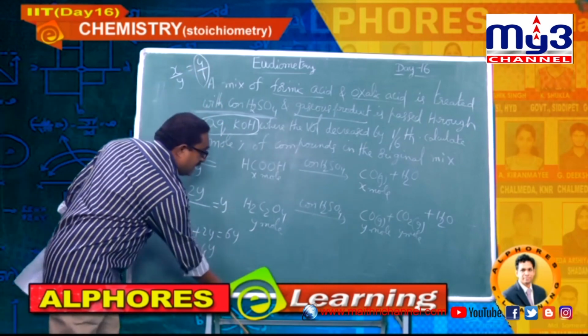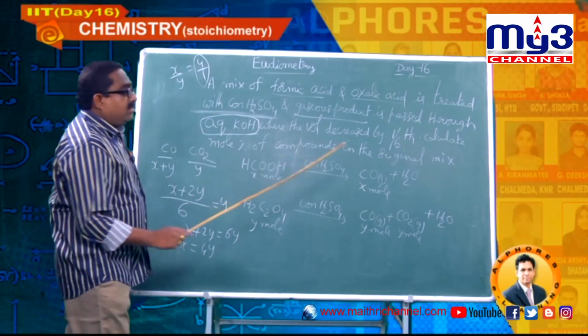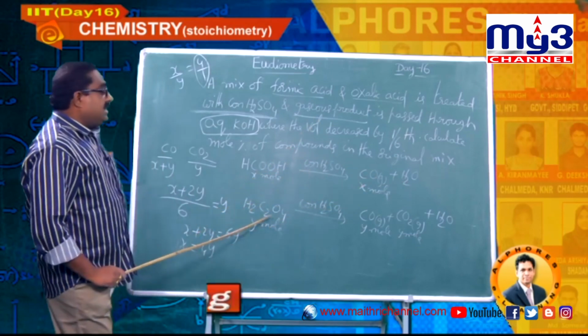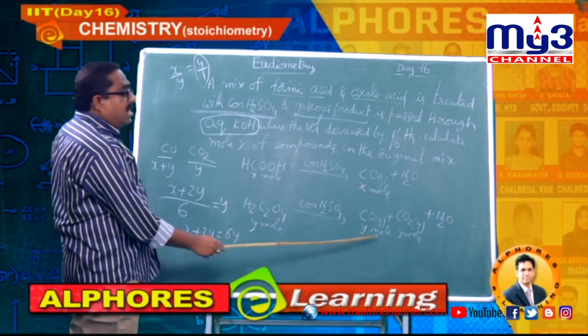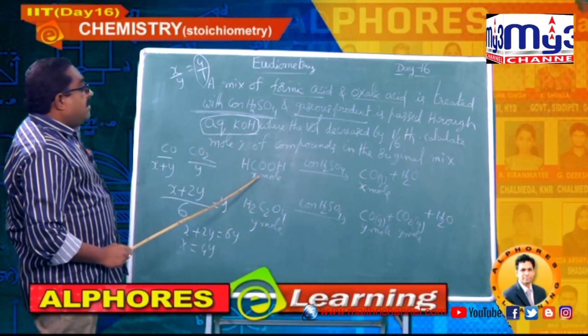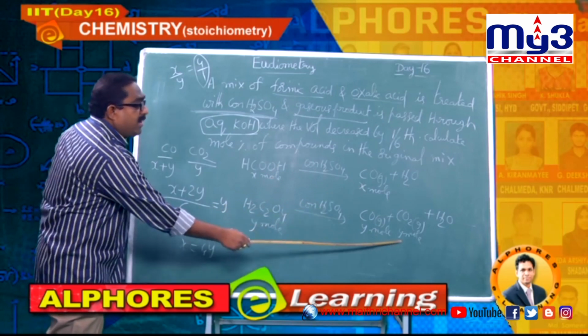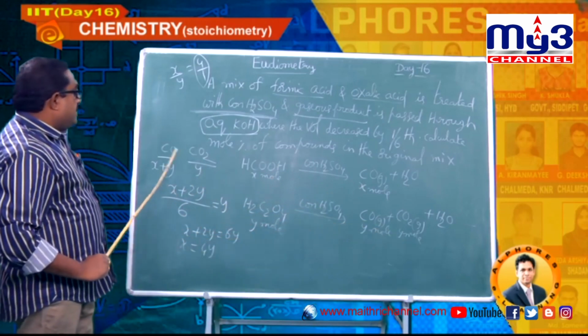Let me explain once again. Formic acid gives monoxide and H2O. Oxalic acid gives monoxide and dioxide. I don't know the amounts, so I have taken x moles and y moles. X moles gives x, y moles gives y mole, y mole. Total moles of gases are x plus 2y.